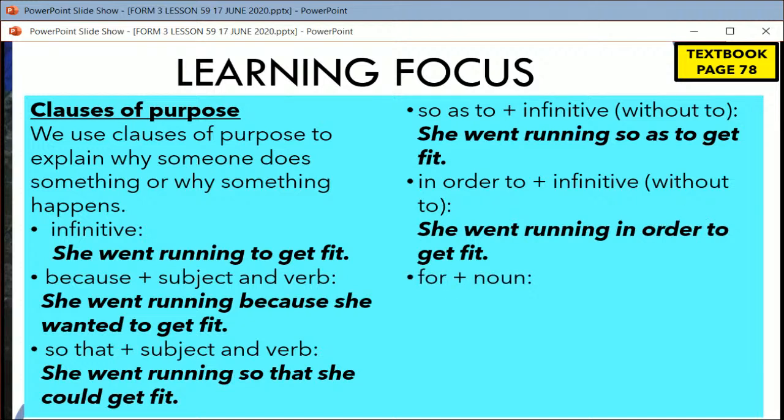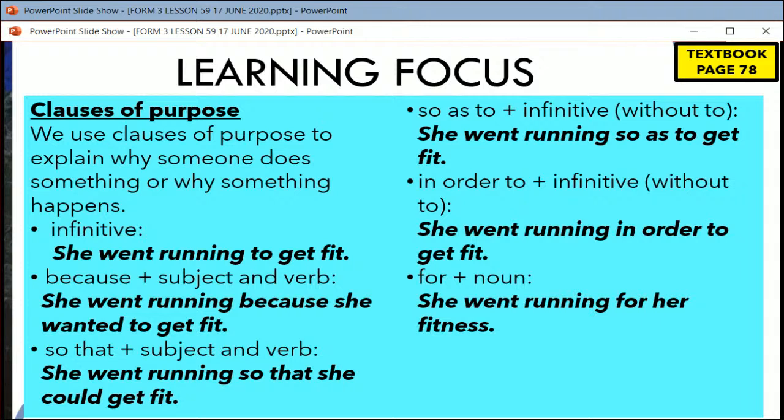Another one is for plus noun. She went running for her fitness. Here you change it into a noun. So look, you just want to say that somebody wants to run, and the reason the person runs is that the person wants to get fit. Look at how many ways you can do it.